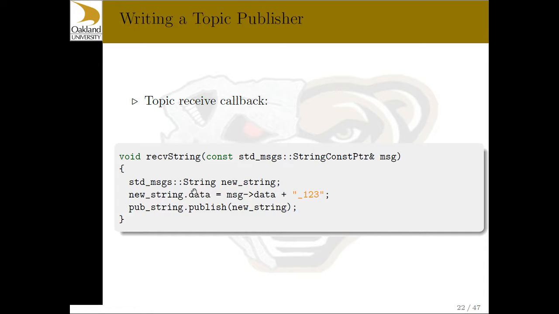There's a field in the structure called data, which is a regular actual C++ string, which is important to know the difference between. std_msgs string is a ROS concept, a ROS message structure, whereas the data field inside of it is actually the same kind of string that we talked about last time. So new_string.data equals msg arrow data, because msg is a pointer, and then we concatenate _123 to it.